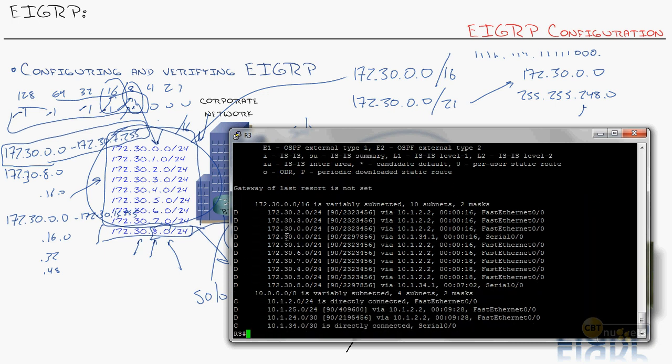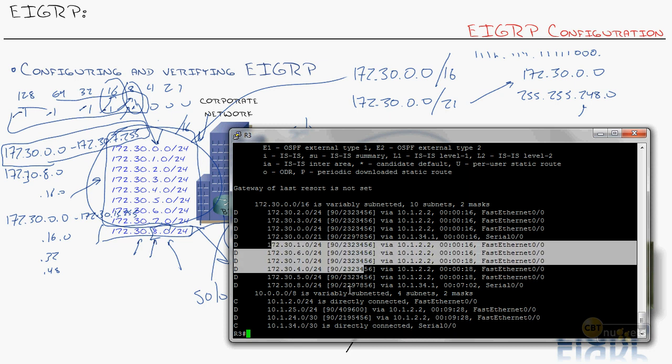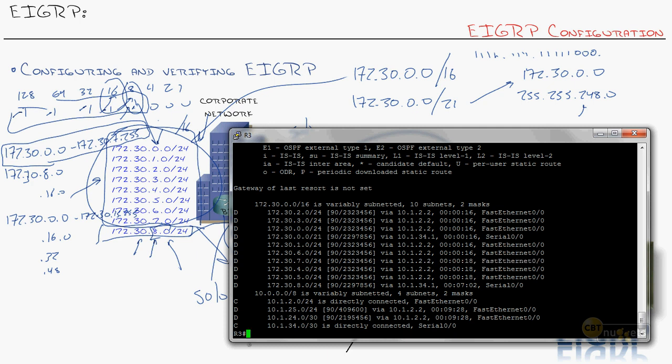Okay. Now, what's going on? Did we make a mistake? How come I still see all these individual networks here? Oh, wait a sec. This is exactly what I wanted to show you. So take a look at router 3. Let's analyze what happened. First off, do I see the summary route anywhere?